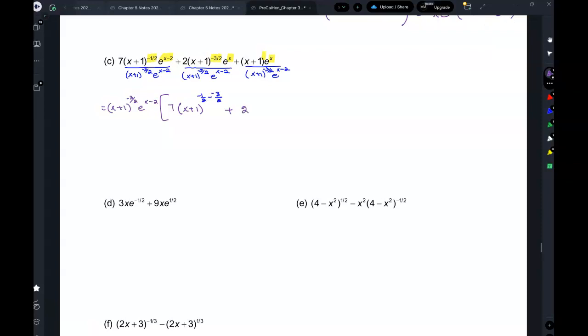The x plus 1's go away. They have the identical exponents. But I have e to the x minus, in parentheses, x minus 2. Okay? Plus x plus 1 to the power of 1 minus 3 over 2, e to the x minus 2.